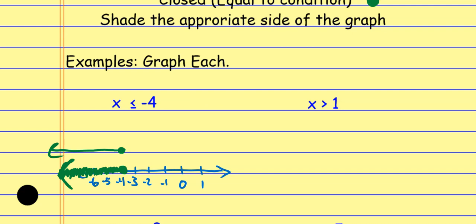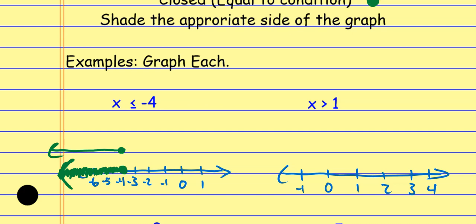If I look at the next one, again, I'm just going to draw this. So let's see, -1, 0, 1, 2, 3, 4. And it says greater than 1. If I knew how to read, that would be great. So greater than 1. Should I shade 1? Does 1 count? Well, no, because there's no equal.